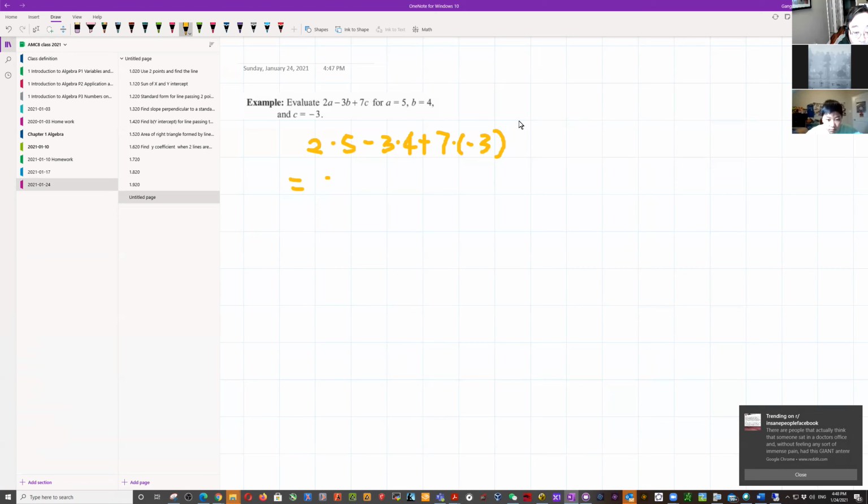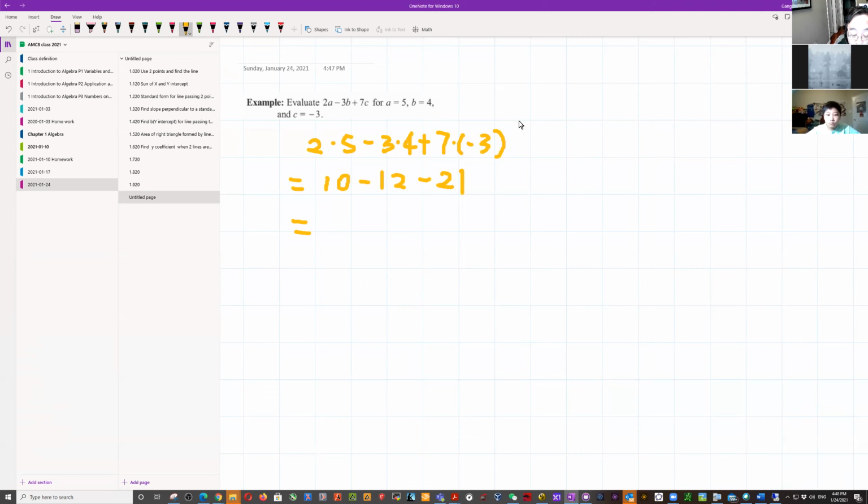That's going to be 10 minus 12 minus 21. If you combine the negatives, it's going to be -33. So it's going to be 10 minus 33, equal to minus 23.